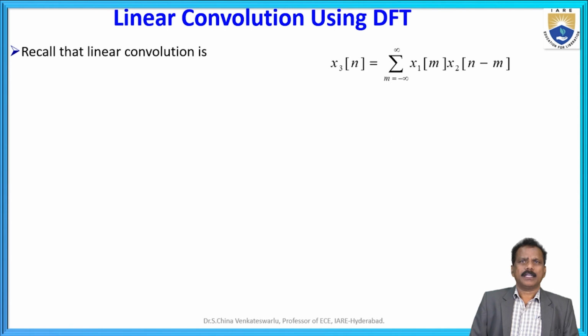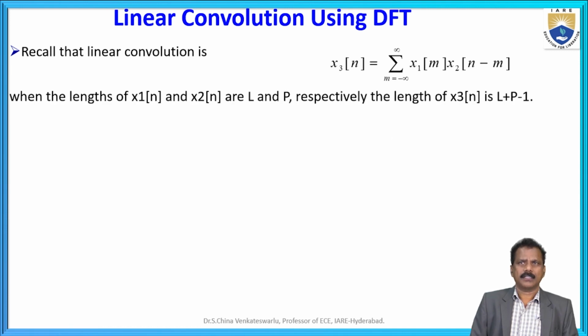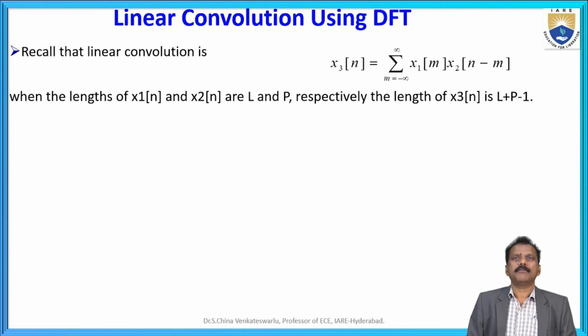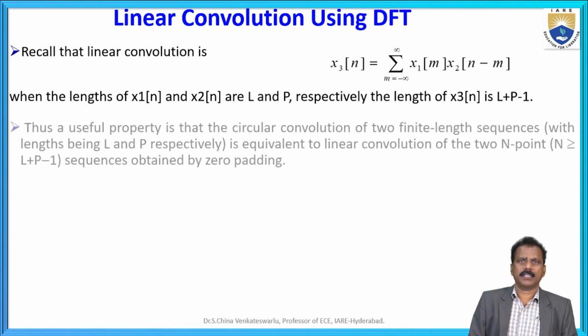Recall that linear convolution is, mathematically, when the lengths of x1 of n and x2 of n are L and P, the length of x3 of n is L plus P minus 1. Now we know linear convolution and circular convolution using the direct method or the mathematical multiplication method. Here also we have to recollect that.